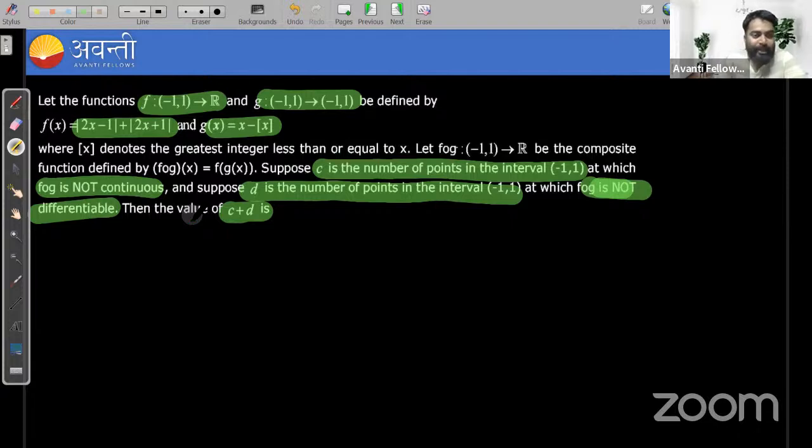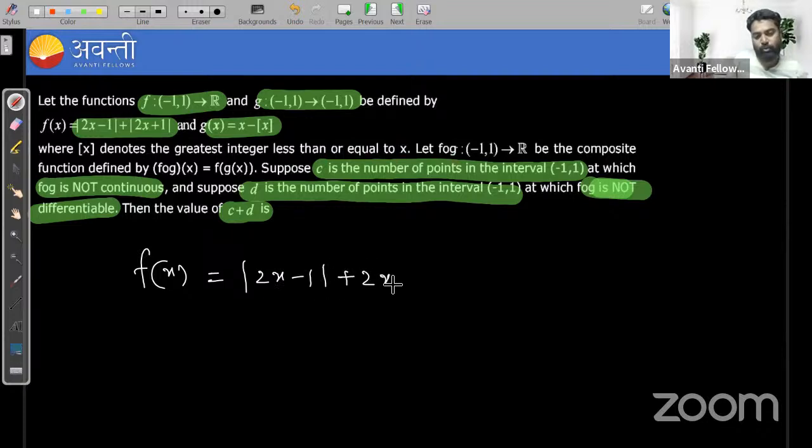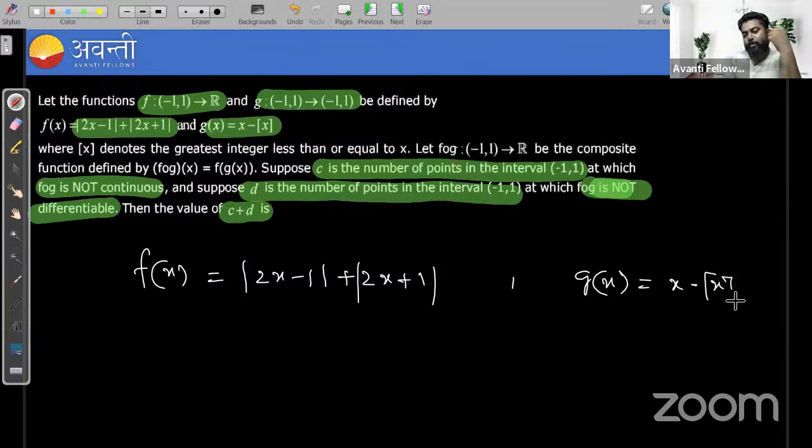Okay, and it is already given that f of x and also g of x are given, right? Let's see, f of x is given as mod of 2x minus 1 plus 2x plus 1, right? And g of x is given as x minus the greatest integer function of x, which is the fractional part of x.